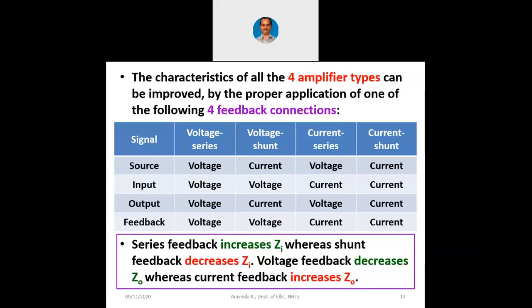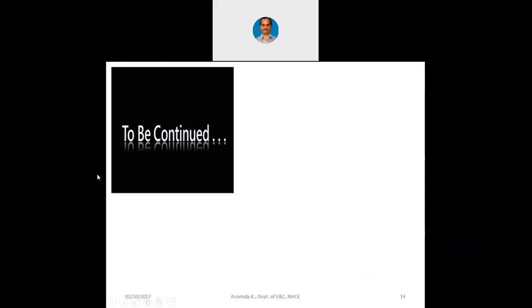But please recall, sometimes this disadvantage also can become an advantage for us whenever we go for impedance matching. So even the decrease in input impedance can be useful whenever we have to match impedance between two particular circuits. That way, all these feedbacks are going to be useful in one way or the other in different types of applications. So let me proceed now.